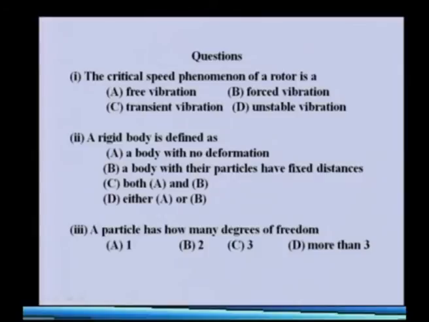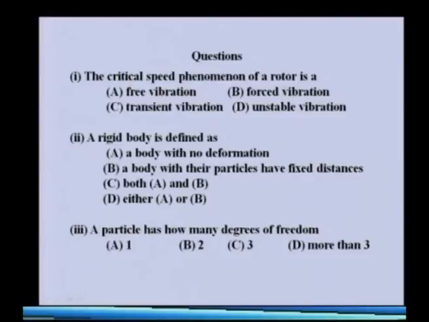This phenomenon is governed by the unbalanced force, and this critical speed concept, which is a resonance phenomenon, is a forced vibration phenomenon. This is not a free vibration, not a transient vibration, nor an unstable vibration. This is basically a forced vibration phenomenon.